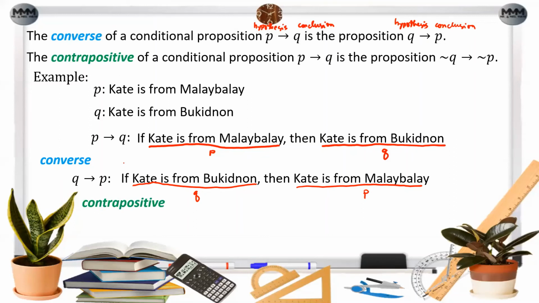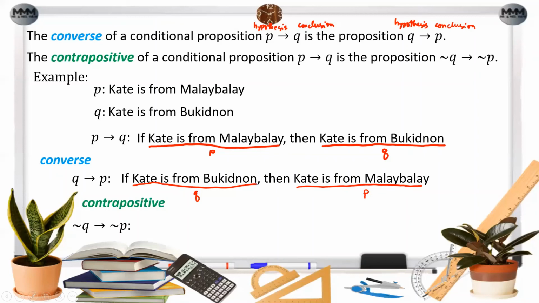So for the contrapositive, we know that this is the contrapositive of our conditional proposition P implies Q. So we have here, if not Q, then not P. By the way, before we can get the statement of our contrapositive, we will try to find the not Q proposition and the not P proposition based on the given P and Q propositions.